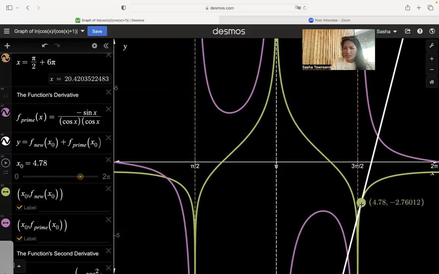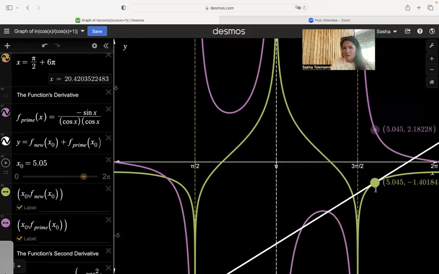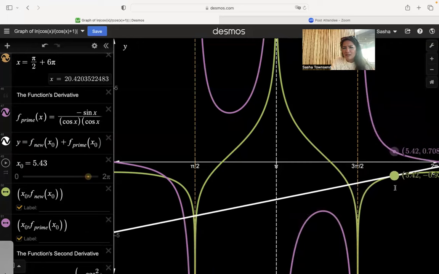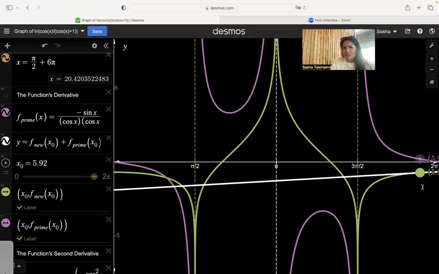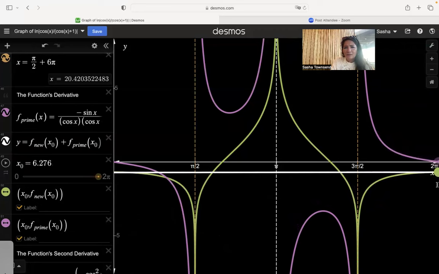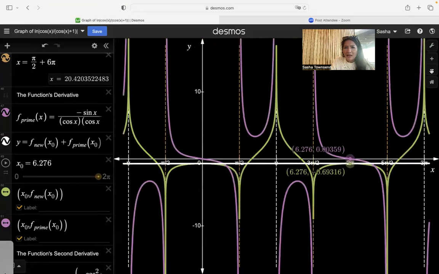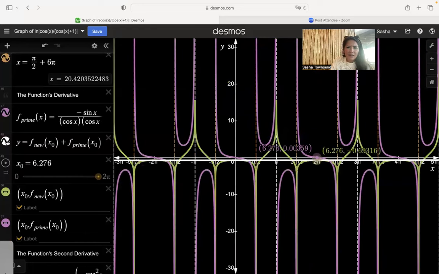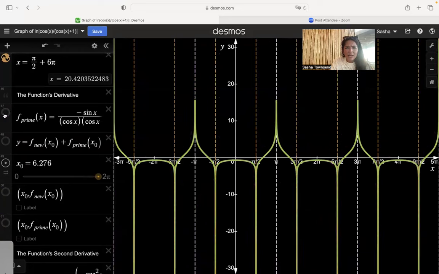And then on the next branch, the slope is positive, but then it sort of flattens out. That slope starts to approach 0. So that's what happens. And that pattern repeats itself. So the original graph is that green one, and then the derivative looks like that.